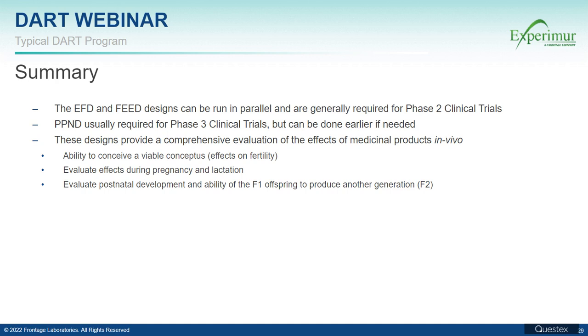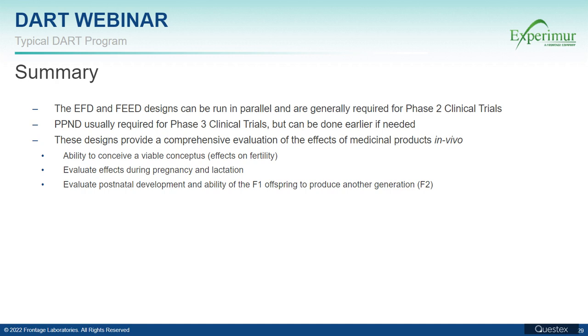For the PPND study, it's usually required for phase 3 clinical trials, but they can also be done earlier. So it all depends on the compound and the population that would be affected at this point.